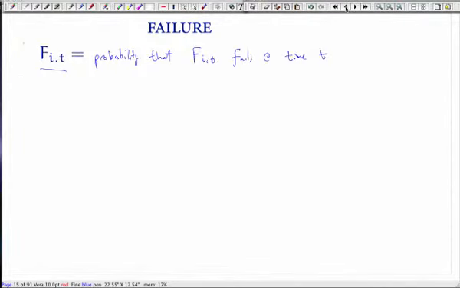So FIT is the probability that I fail at times, not just time t, but times 1, 2, 3, all the way up to t. So FIT is the probability that I fail on the first t times that I try this, okay?